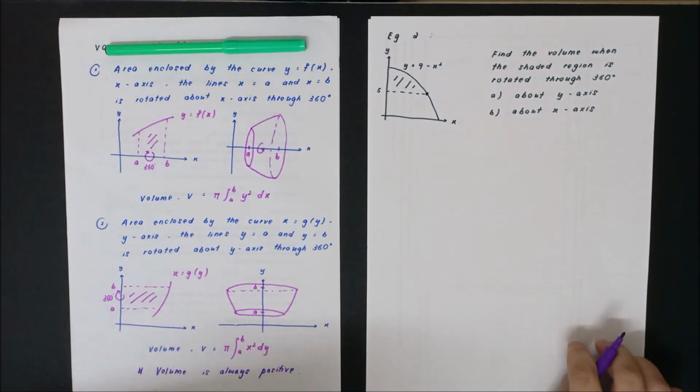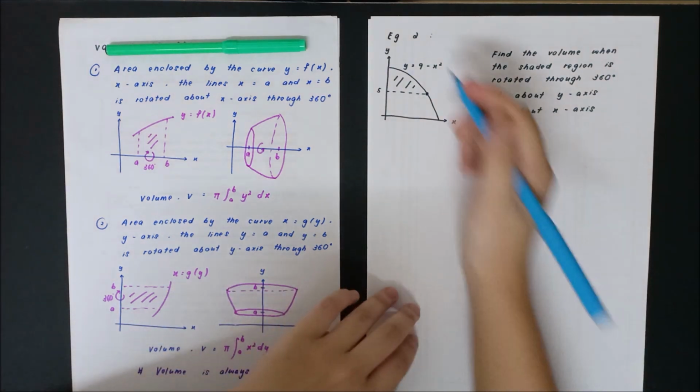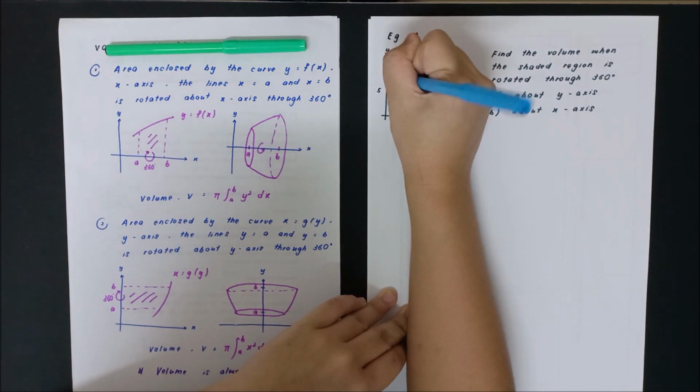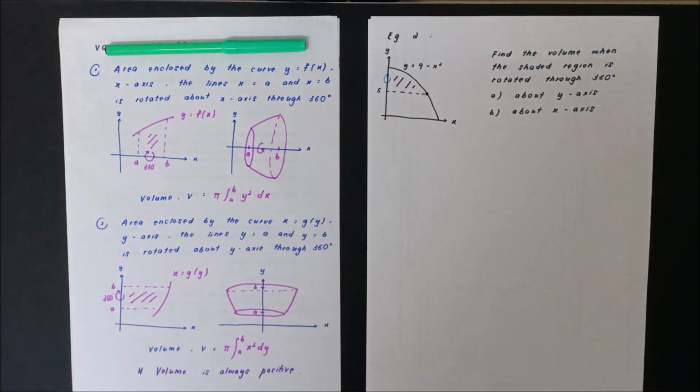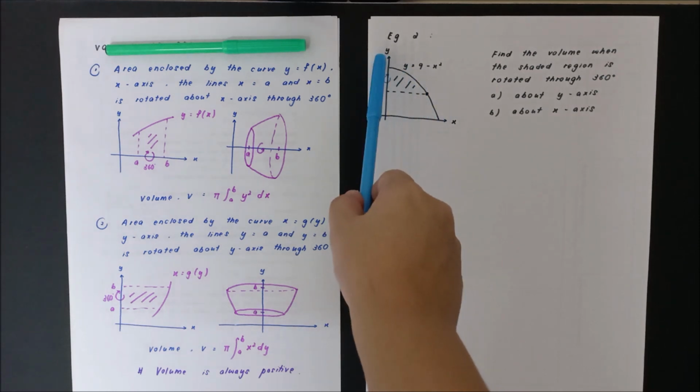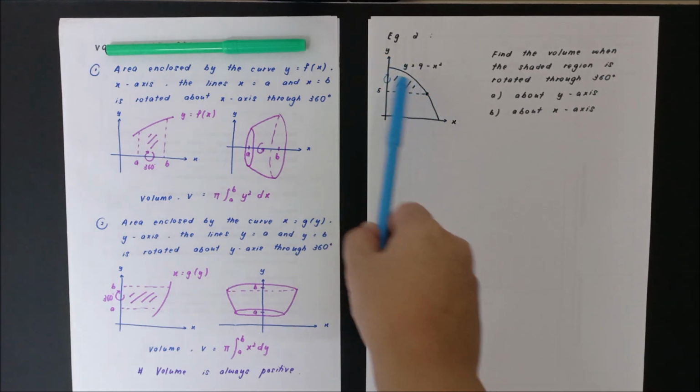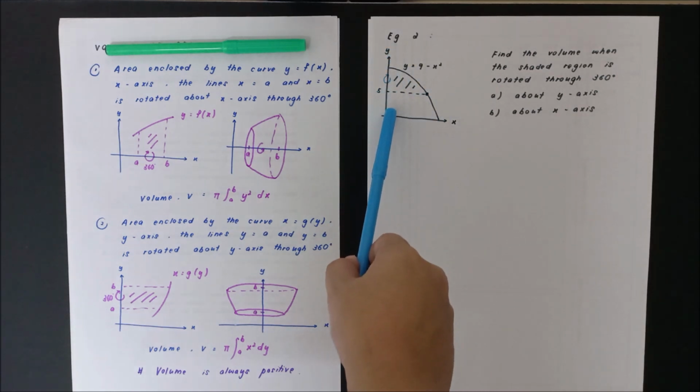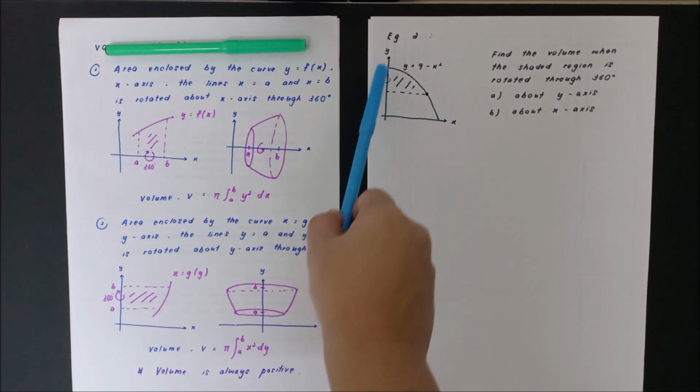Okay, example 2. Find the volume when the shaded region is rotated through 360. Okay, so let's start with A, about y-axis. So about y-axis means that it's basically like this. Okay, so about y-axis, then you check whether this shaded region is bounded by your curve and the y-axis, and then you have the limit 5 to this one.